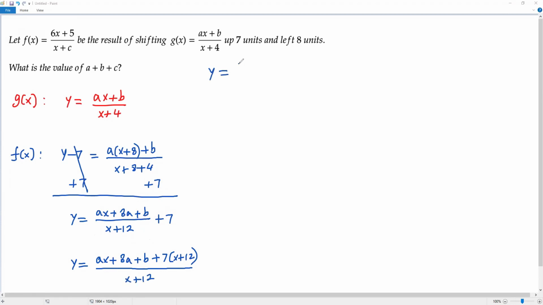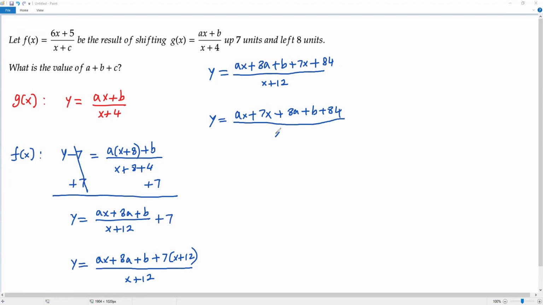That is y = (ax + 8a + b). Now we can distribute this +7 to x + 12. Then we have 7x + 84 divided by x + 12. We can write the x terms together. We have (ax + 7x + 8a + b + 84)/(x + 12).